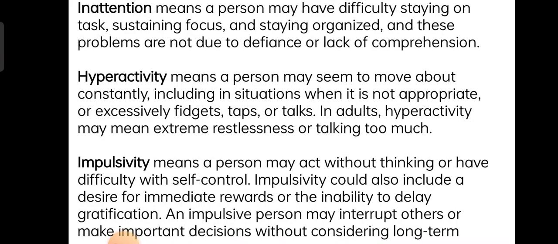What is impulsive? Impulsive means they will interrupt a lot. If we talk about anything, they will ask too many questions. They will not think, they will just do everything.